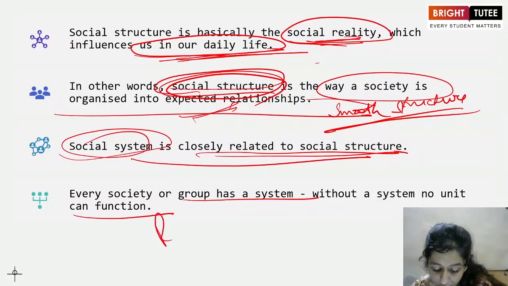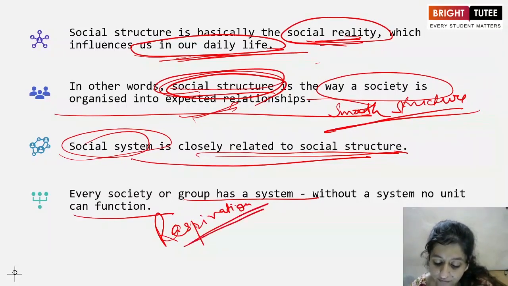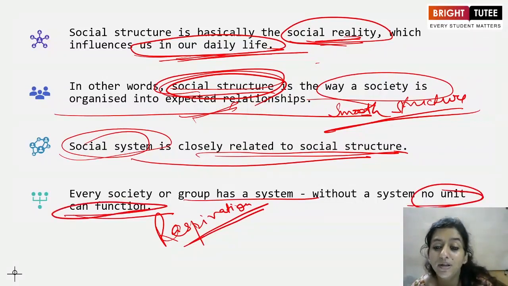If we again refer to the current pandemic situation, a lot of people have actually faced multiple organ failures because the lungs were not able to function properly. The one system of respiration was not able to function properly. That gave the problem in the whole unit and the survival or the functioning of the whole unit. So this is what exactly explains it, that without a system, no unit can function.